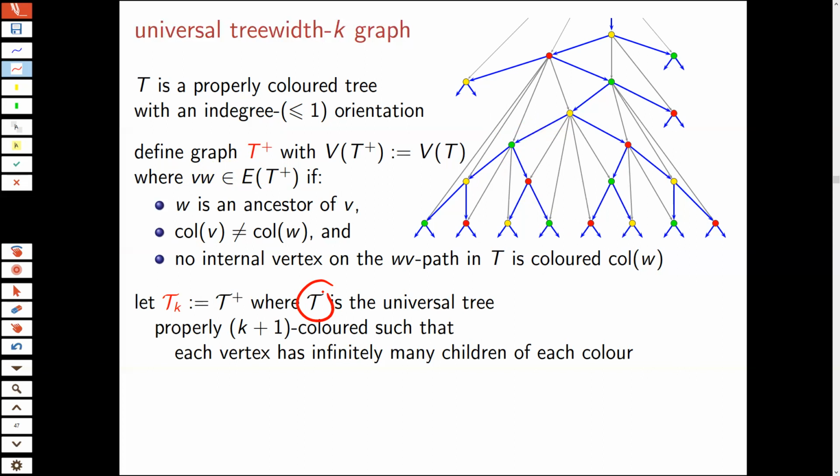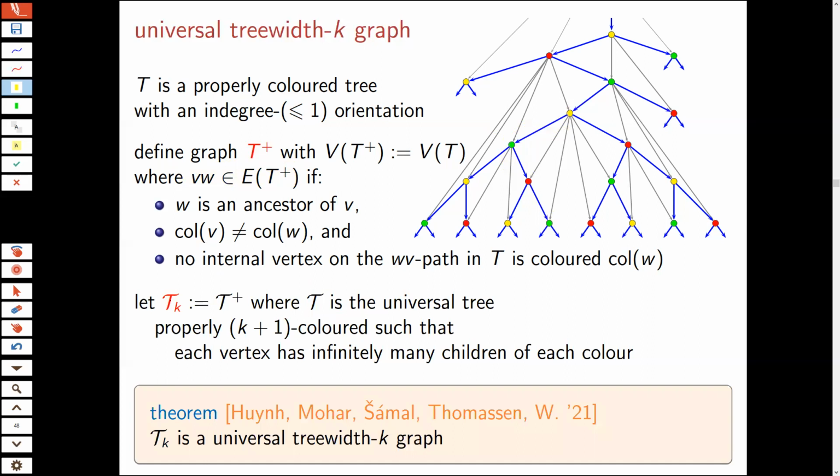From that coloring of the universal tree, I take the graph T plus, and let's call that T sub k. That's just a single graph. And the theorem is that T_k is a universal tree width k graph. So it has tree width k, and every tree width k graph is a subgraph of T_k.